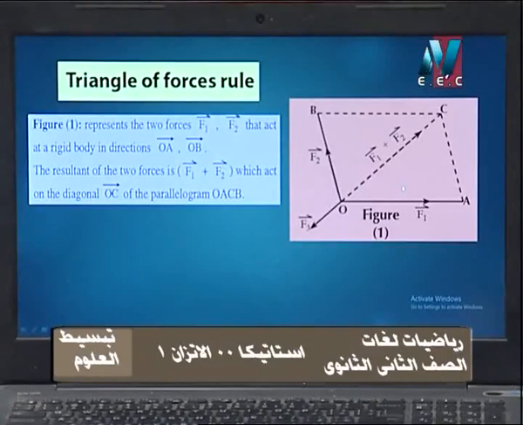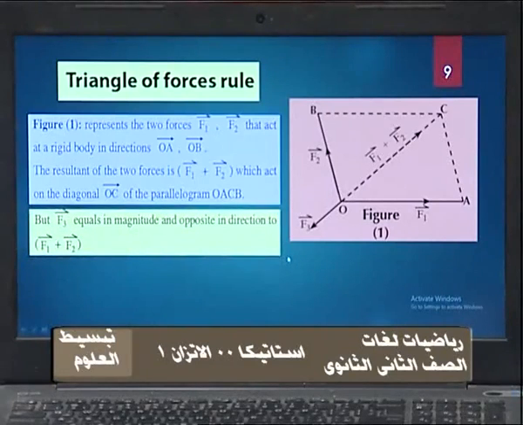and this figure represents the two forces F1, F2 that act on a rigid body in direction OA and OB. The resultant of the two forces F1 and F2 acts along the line OC, on the diagram OACB. But F3 equals in magnitude and is opposite in direction to F1 plus F2.